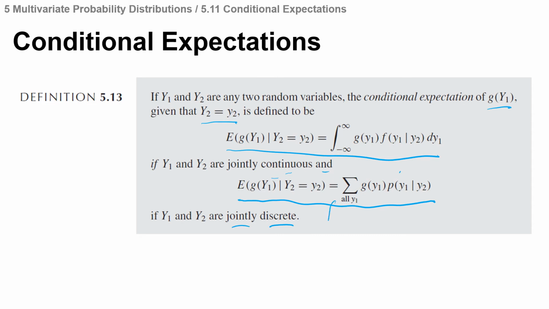This is the expected value for conditional expectation of g, and actually this makes sense because this is the conditional density and this is g of y1. So this is a kind of natural extension of expected value for the conditional random variable.